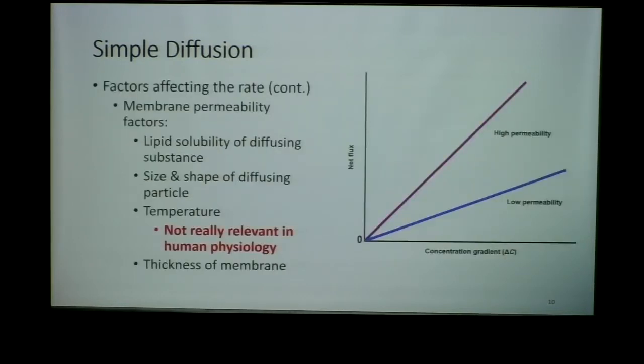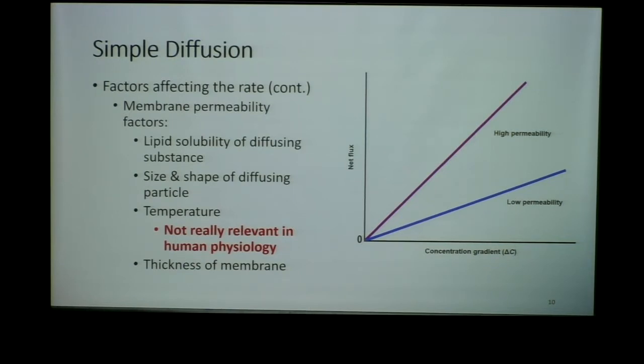And then the final factor that influences the rate here is basically the membrane permeability. How likely are these particles to go through the membrane? And the most important factor that influences permeability is obviously the lipid solubility. We talked about this when we looked at the structure of the membrane. Because the membrane is a lipid bilayer, it's made of those amphipathic phospholipids.